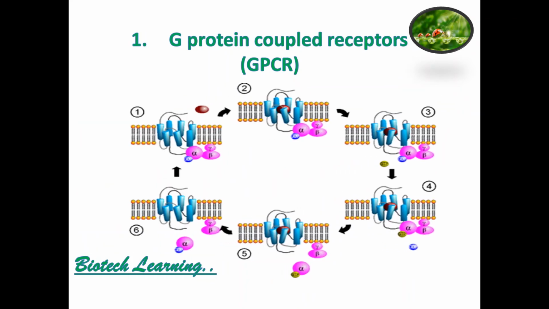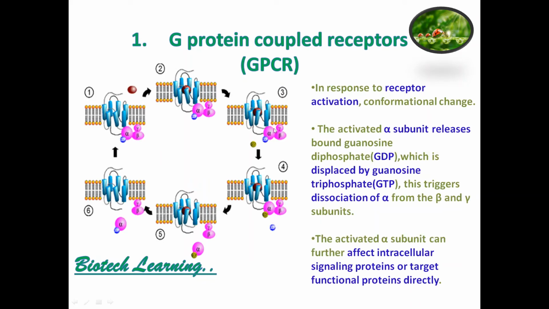Now let's see how the ligand binds to the receptor and the sequence of events that happens. In this first picture you can see there is a ligand here. In the second picture, the ligand binds to the receptor, and now you can see there's a conformational change here. This conformational change leads to the activation of the alpha subunit of this G protein.